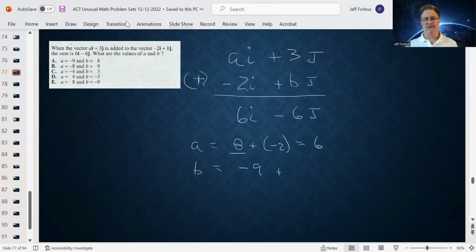Negative 9 plus 3 is equal to negative 6. So a is 8 and b is equal to negative 9. Which does that fall under? Answer choice E. All right, let's move on.